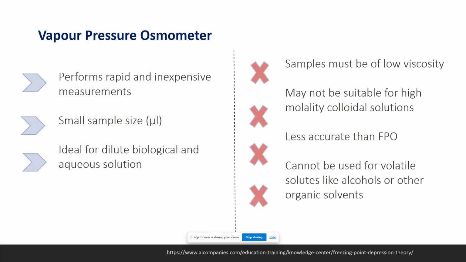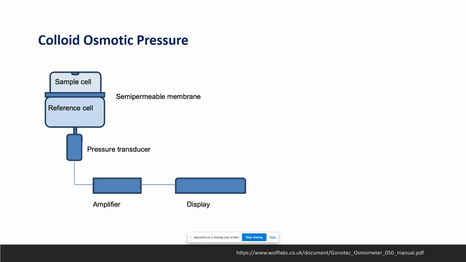So this is a major drawback in this particular method, in that it deprives the physician of important information needed to treat the patients in suspected cases of overdose or ingestion of toxic substances. So that is the major drawback with this method. It's also less accurate than freezing point osmometry. So as a result, freezing point depression is preferred in clinical practice.